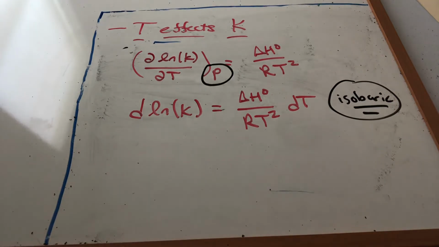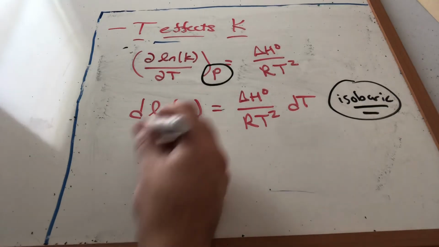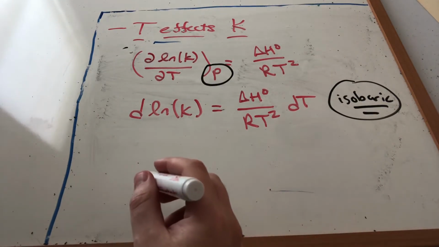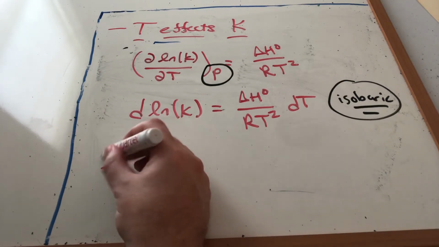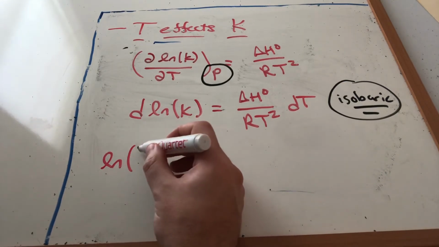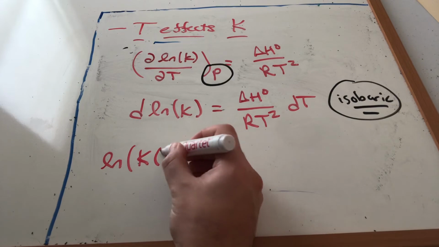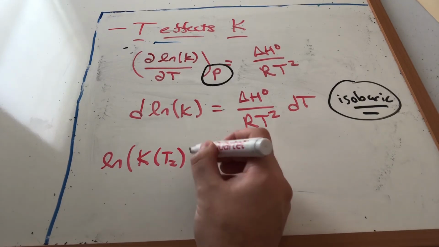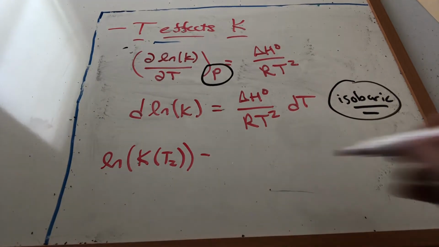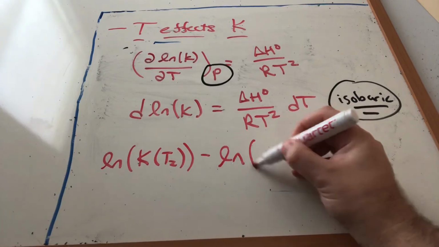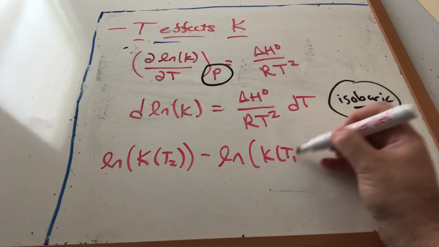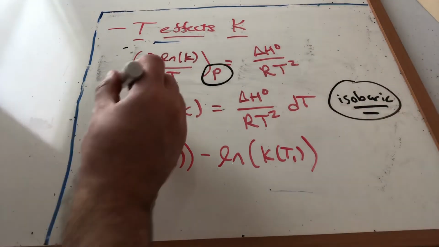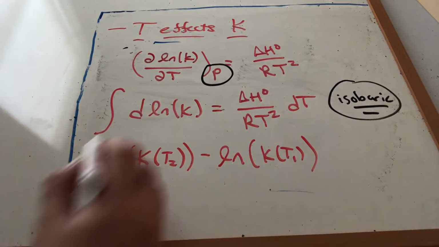We can now integrate this. On this side, what we're going to get is a natural log of K at T2 minus a natural log of K at T1. Like I said, we're just going to integrate both of these sides.